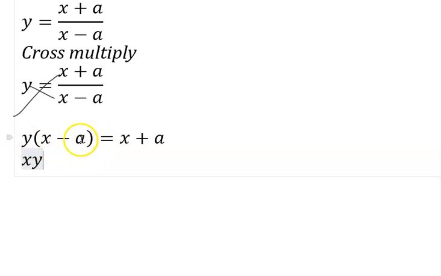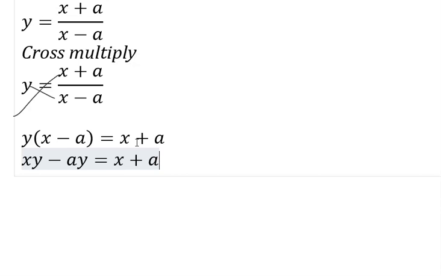Y times a will give us ay. Because it's minus here, y times minus a will give us minus ay. That forms our left hand side. Now for our right hand side, there's no bracket, so we just put it down, x plus a. Awesome.